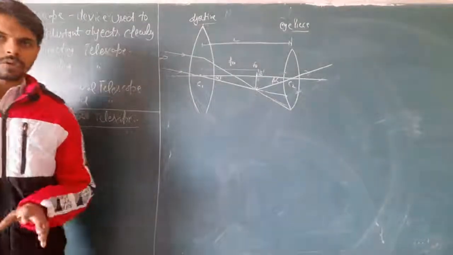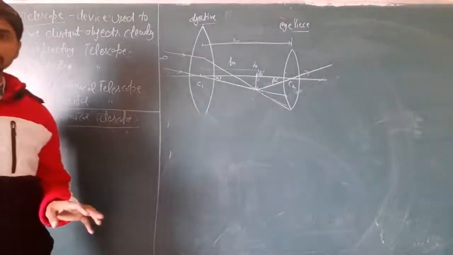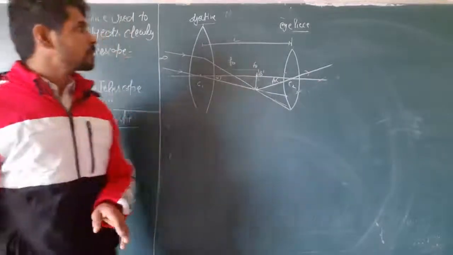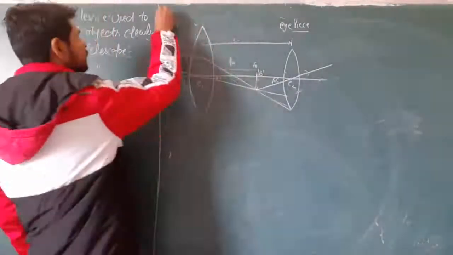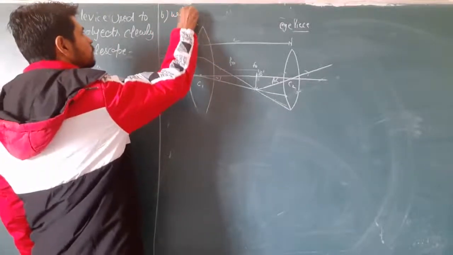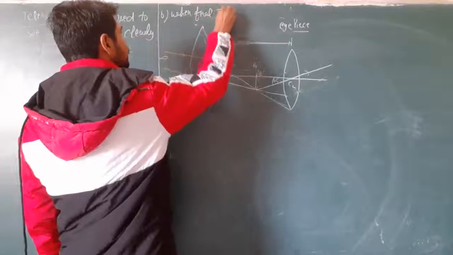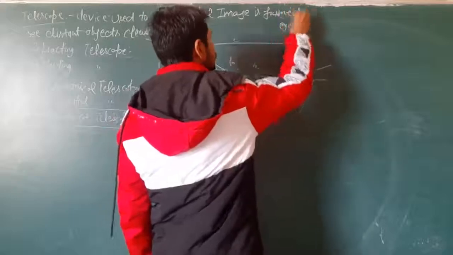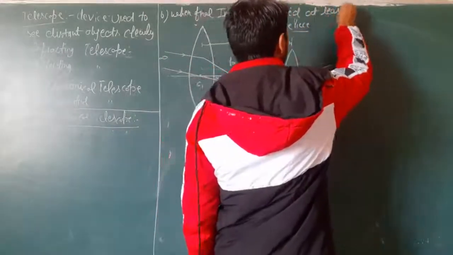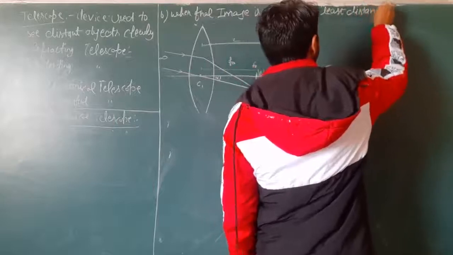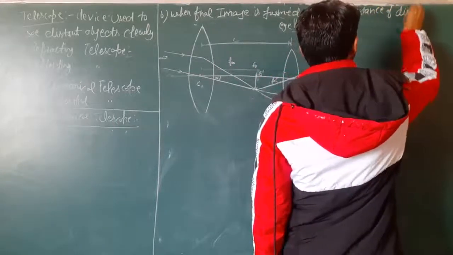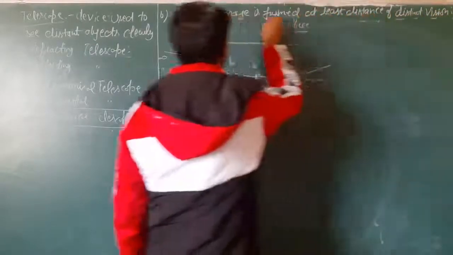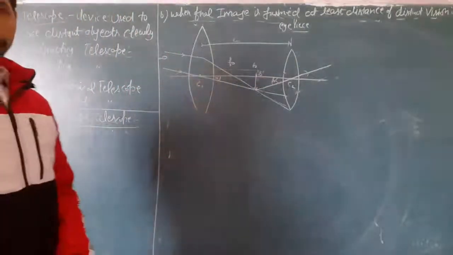Next, the second case I am going to discuss. The second case is when the final image is formed at the least distance of distinct vision.